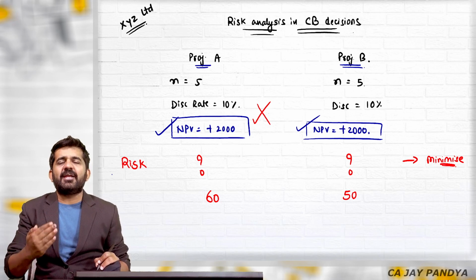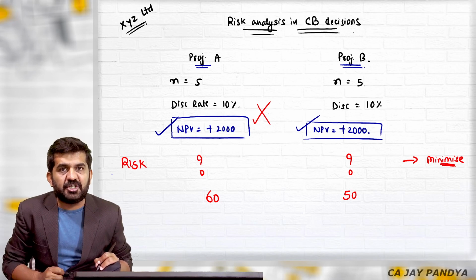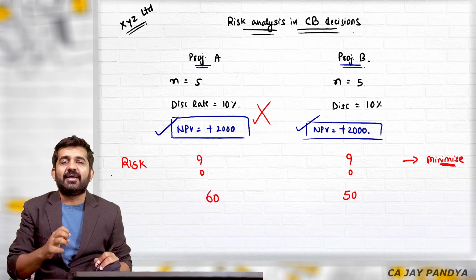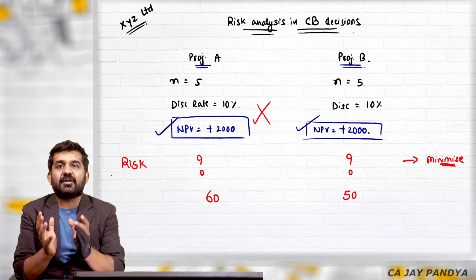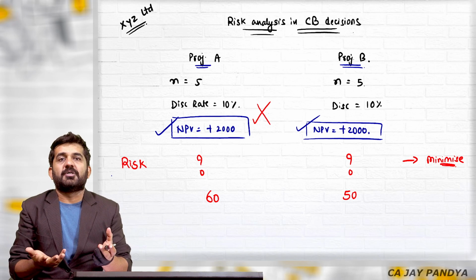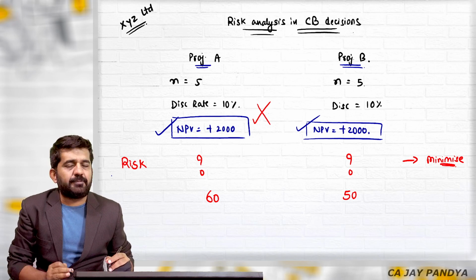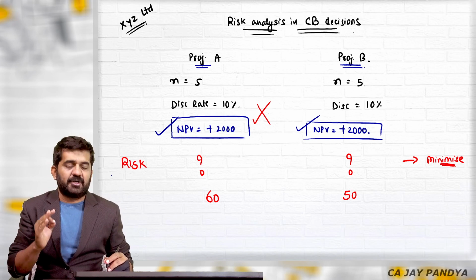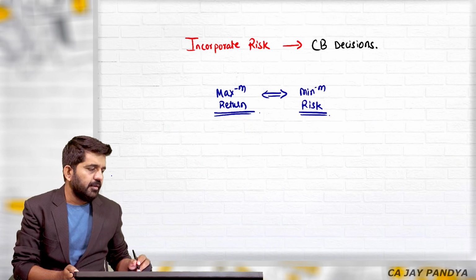We have done n numbers of methods in capital budgeting decisions. Now we will incorporate that risk factor into capital budgeting decisions. Hence the chapter, risk analysis in capital budgeting. Try to understand how we can incorporate risk into capital budgeting decisions. Try to concentrate.